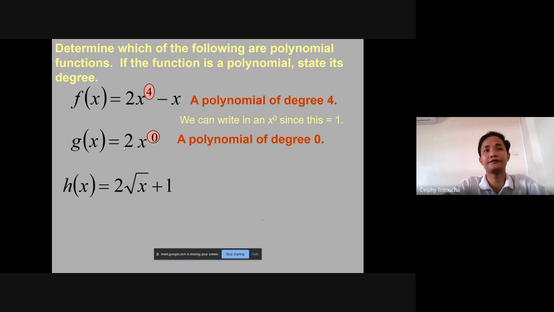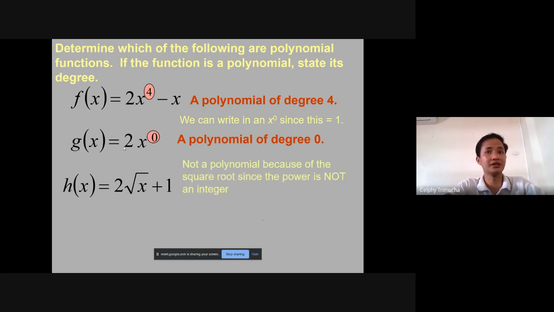Next, we have h of x is equal to 2 square root of x plus 1. So, amo niyang given sa aton. So, take note that it was mentioned in the general description of a polynomial nga dapat maghambal to polynomial, there should not be square root sa aton nga exponent. And we have here or I mean wala kita sang radical, so wala man kita sang fraction sa ating exponent.